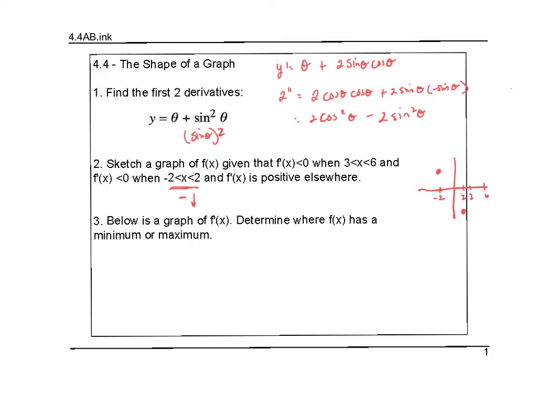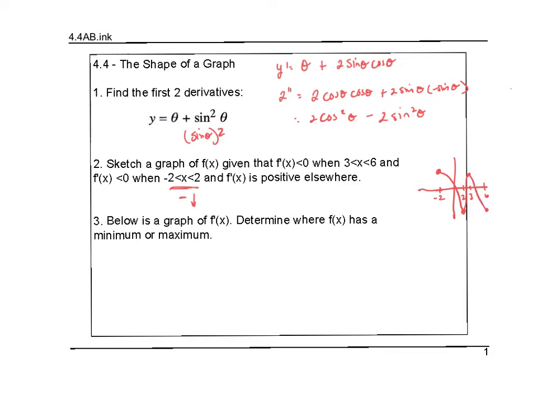And same thing at 3 and 6. Right, so I know that I'm negative and therefore decreasing here. I was positive from 2 to 3, and I was negative again from 3 until 6.